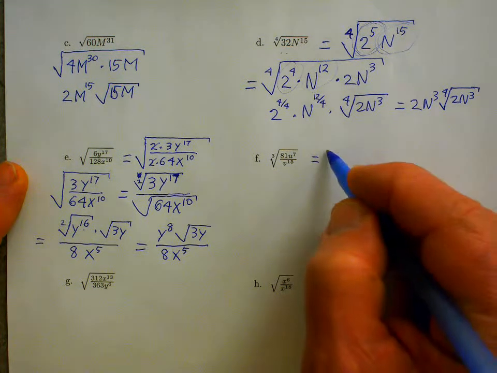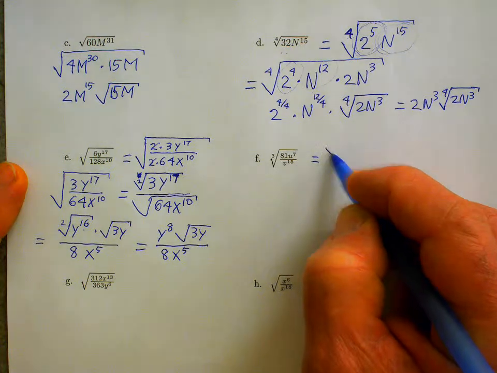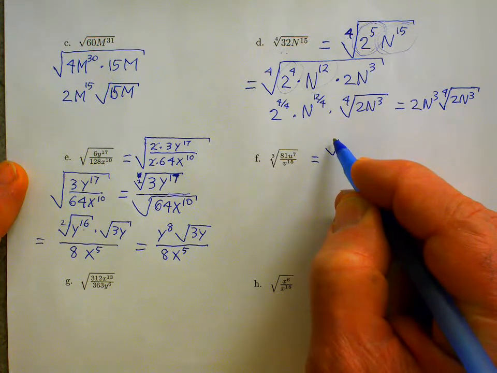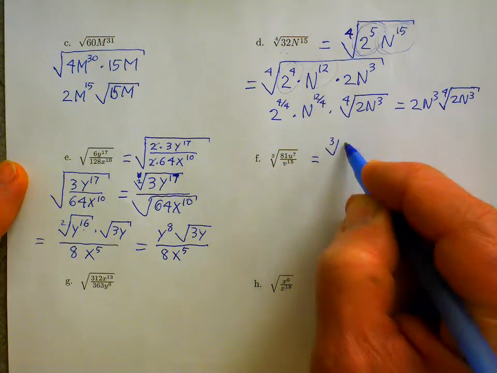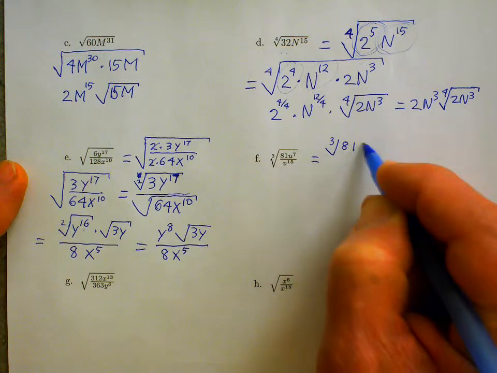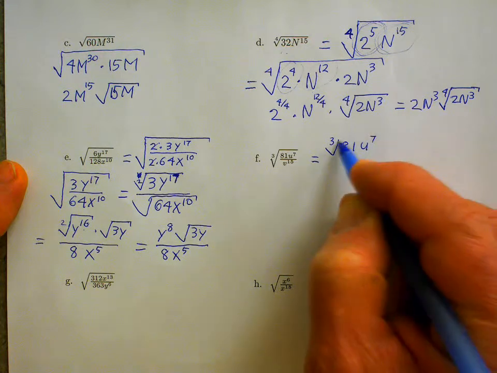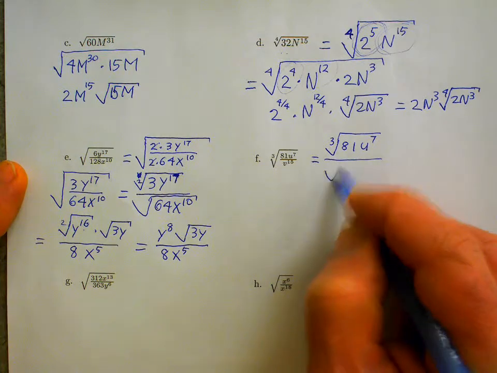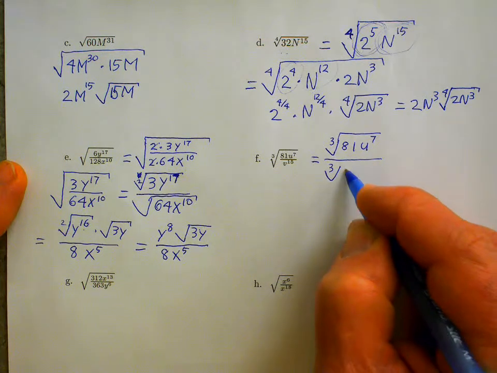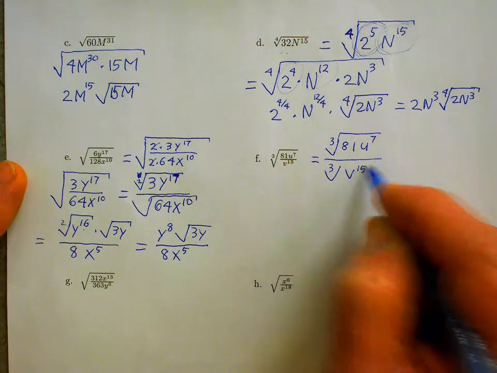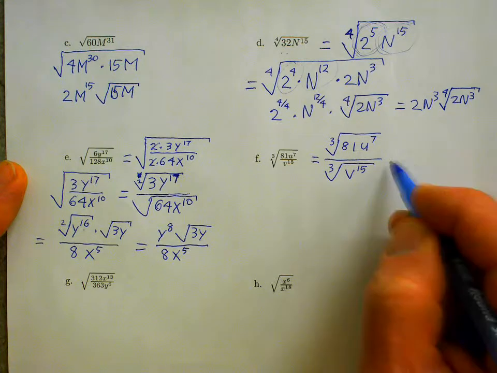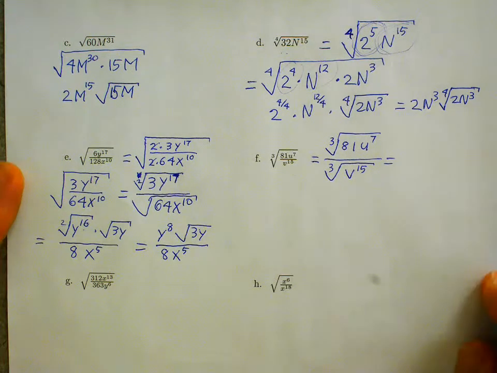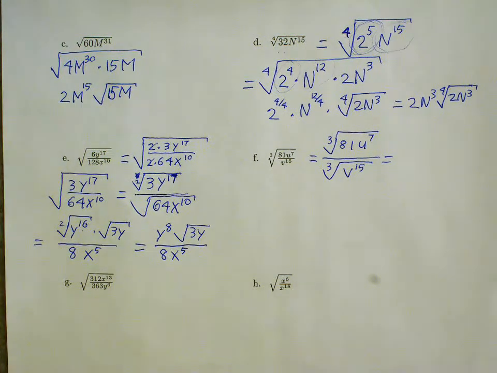So let's rewrite it as a quotient of cubed roots, the cubed root of 81u to the 7th in the numerator, and the cubed root of v to the 15th in the denominator. So both the numerator and denominator can be simplified.